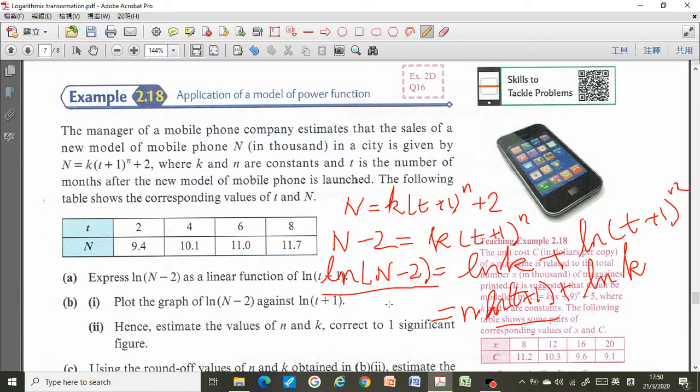So if you have this one, that means this one is the capital Y, which is the vertical axis, and this one is the capital X, which is the horizontal axis. So you want to plot the graph of log (N minus 2) against log (t plus 1).